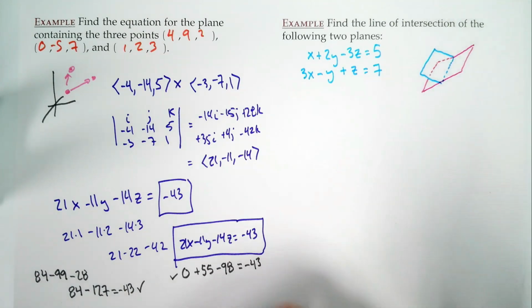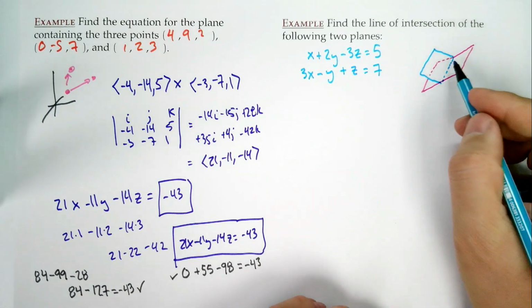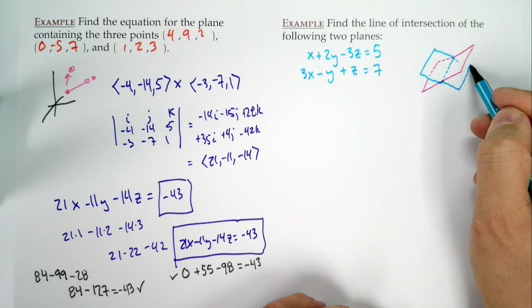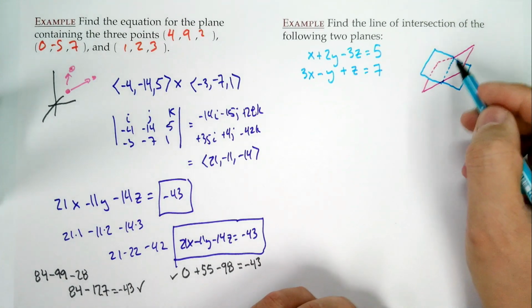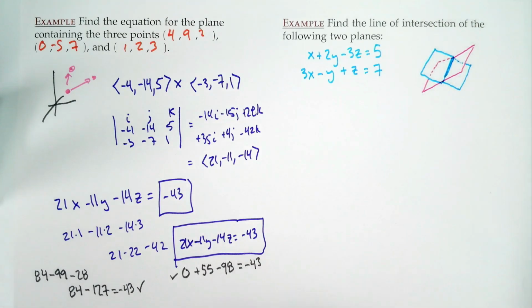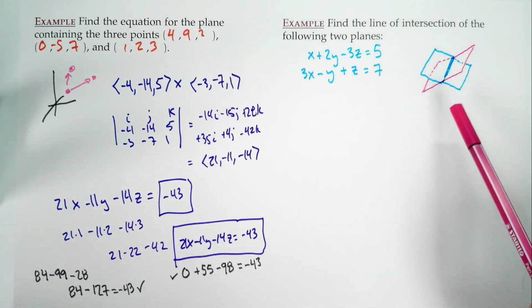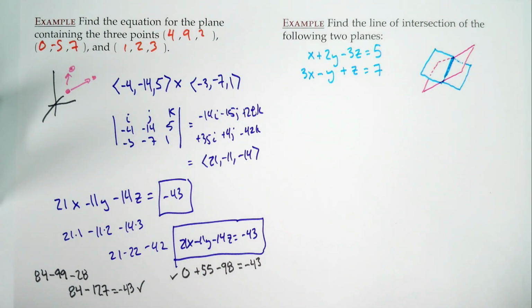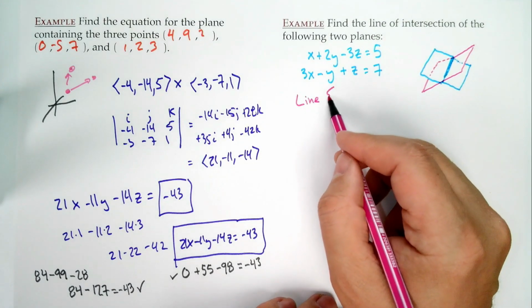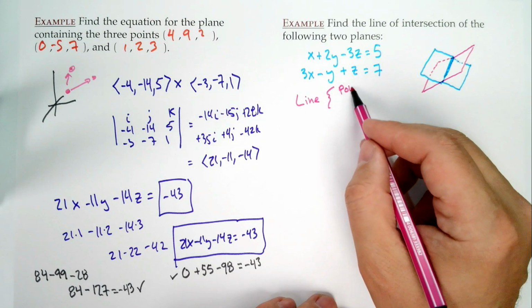What tends to happen is when you have these two planes, if they're not parallel to each other, and this is a case when they are not parallel, they'll have a common line. In other words, a single line which runs through both of them. And we want to find that line. So when you're looking for a line, what do you need? For a line, we have to find two things. We need a point, and we need a direction.